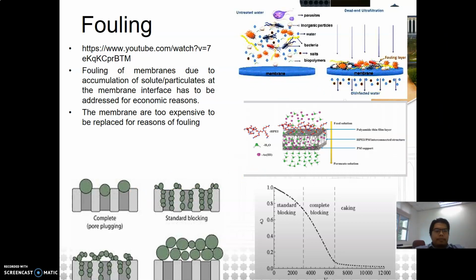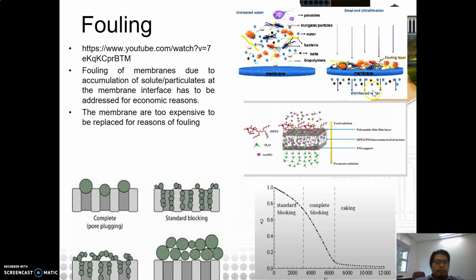This is where we will permeate the water, and for untreated water, we have a lot of particles, particularly parasites, organic matter, bacteria, salt, biopolymer, and a lot of other things. So in filtration, we permeate the water and collect everything else there.